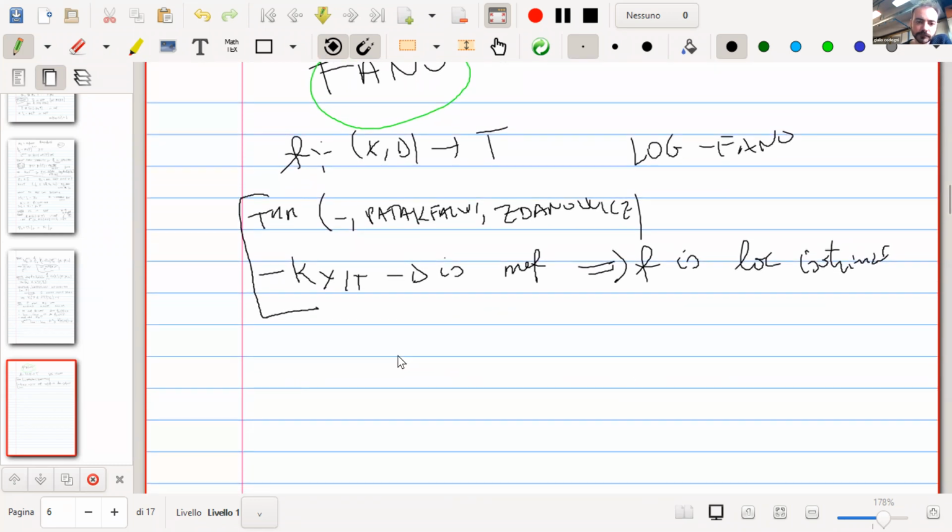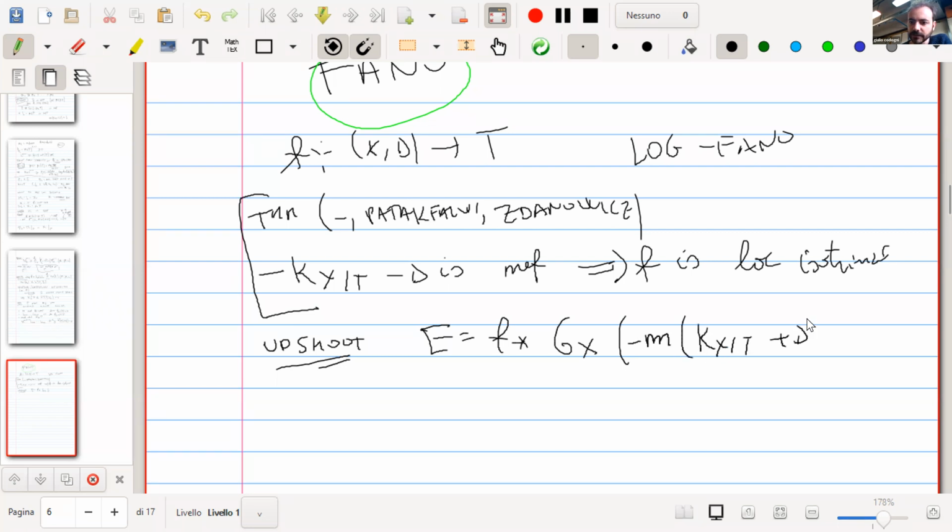Okay. So the upshot of this result is that you take E as before, up to a sign, so O X minus m K X over T plus Delta. Now E is not nef in general. So mu L is negative.